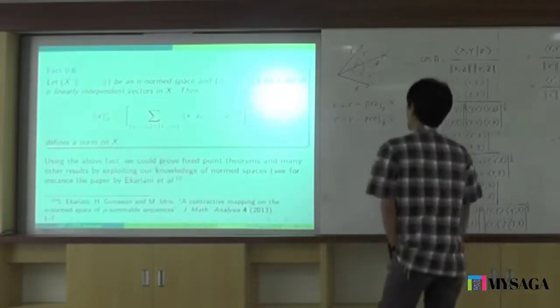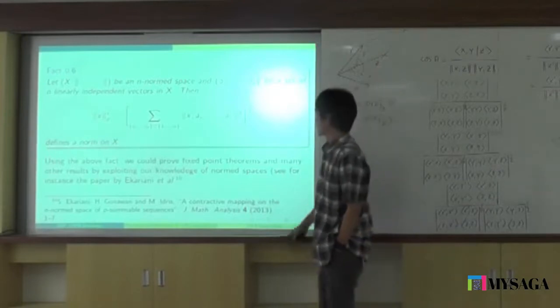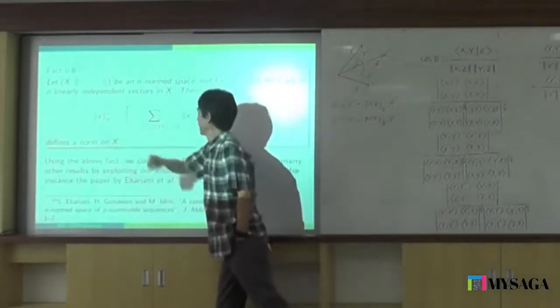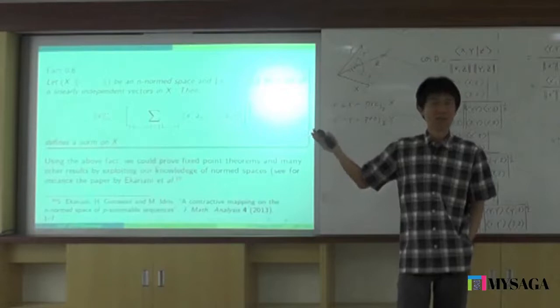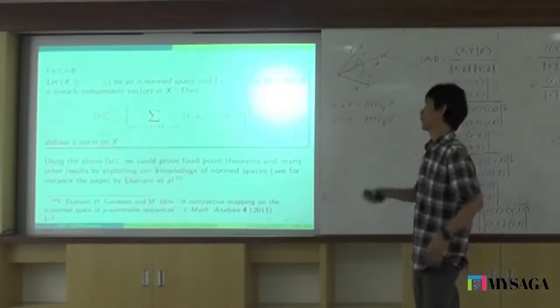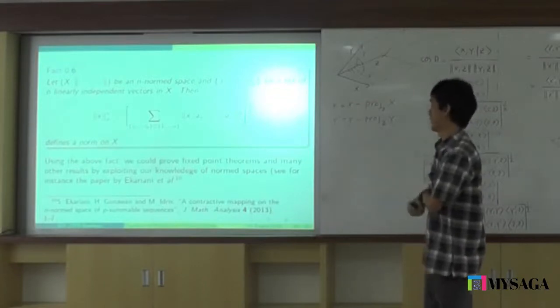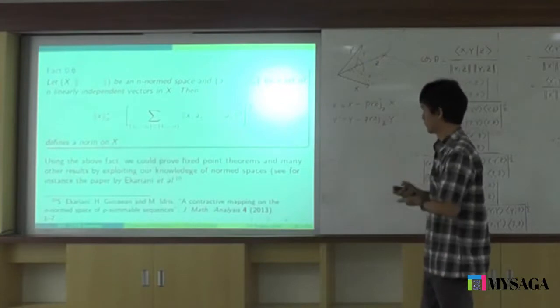Okay? P becomes an index there, and I put a star because later on there is also the norm in LP, so not to be confused with the LP norm, I put a star there. So you can check that it is a norm.